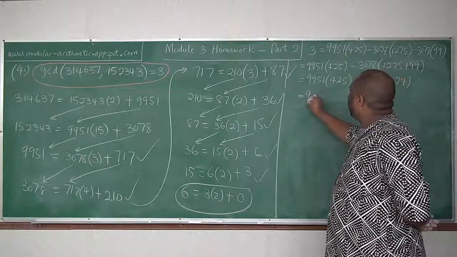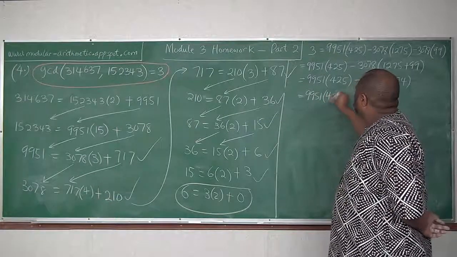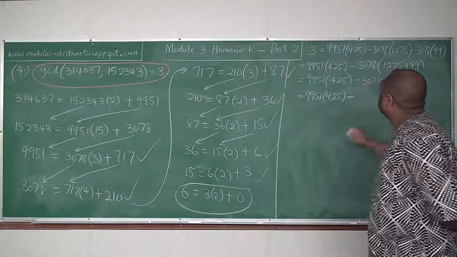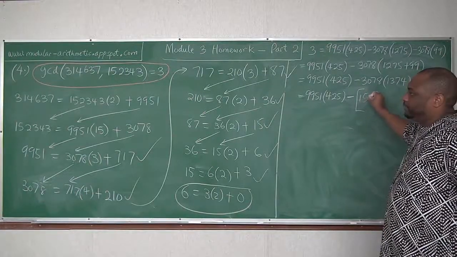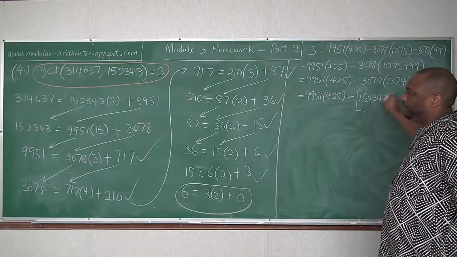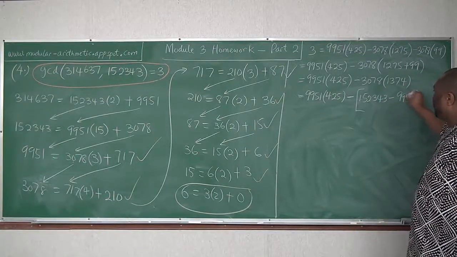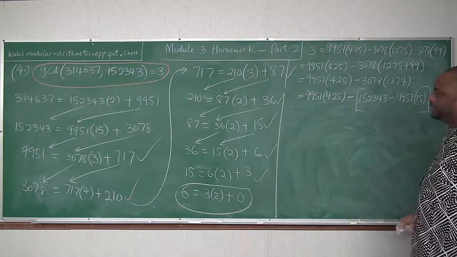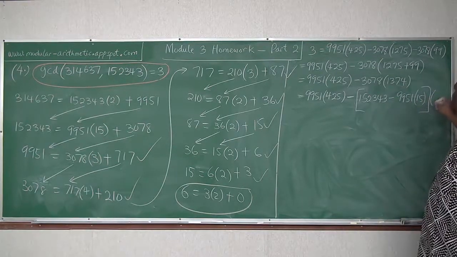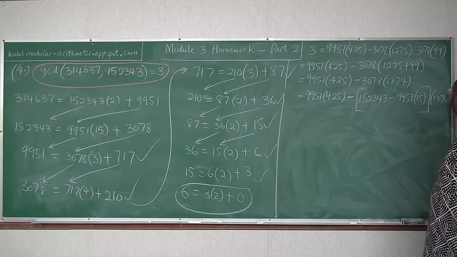So this will be 9951 times 425 minus, I put my bracket here, 152343 minus 9951 times 15, then times 1374. Okay?